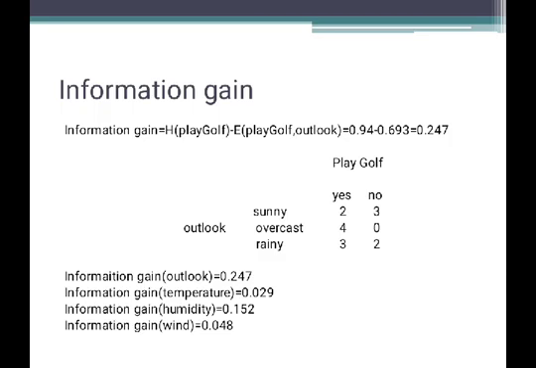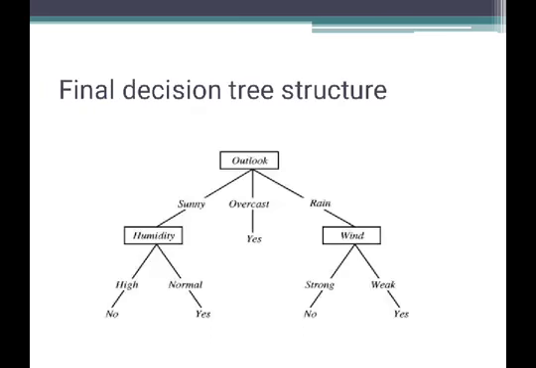By calculating the values, we get 0.247. This is the information gain. For this example, we can further calculate the information gain for outlook, temperature, humidity and wind. Based on these values, we can construct the decision tree, and this is the final decision tree structure.